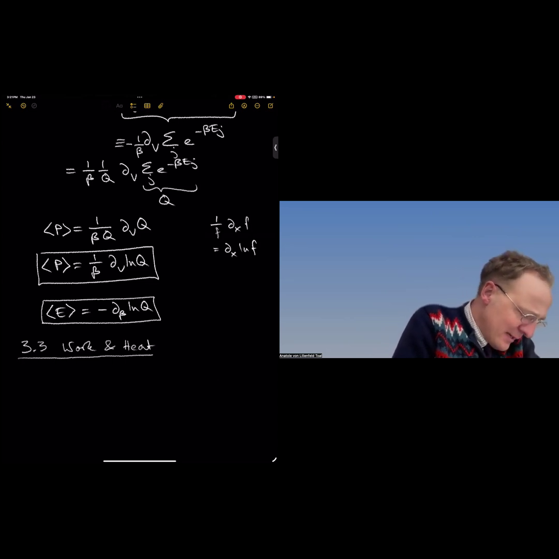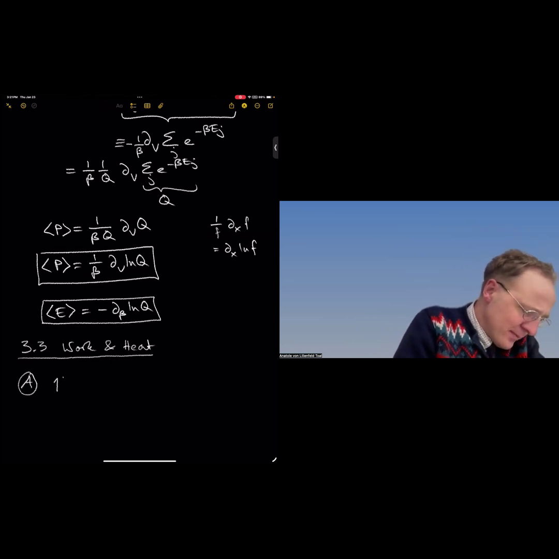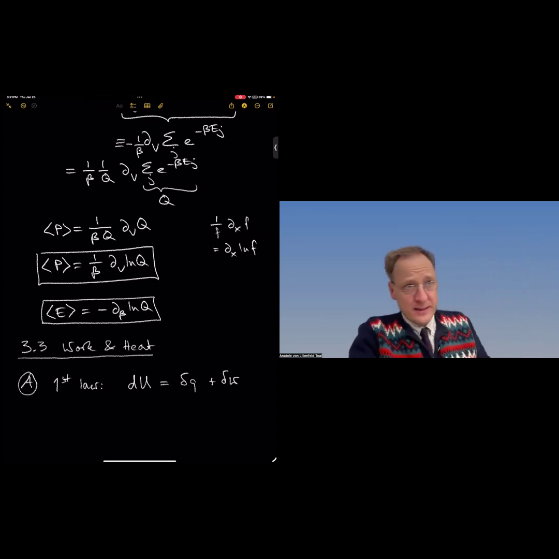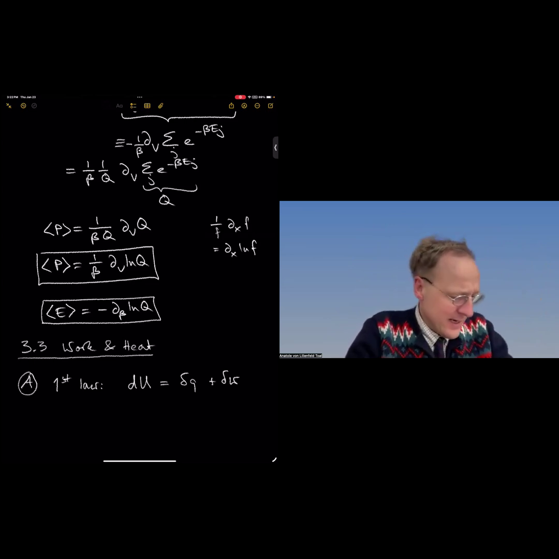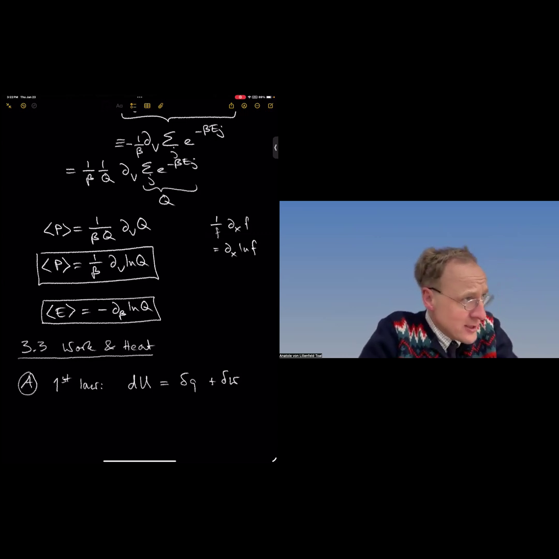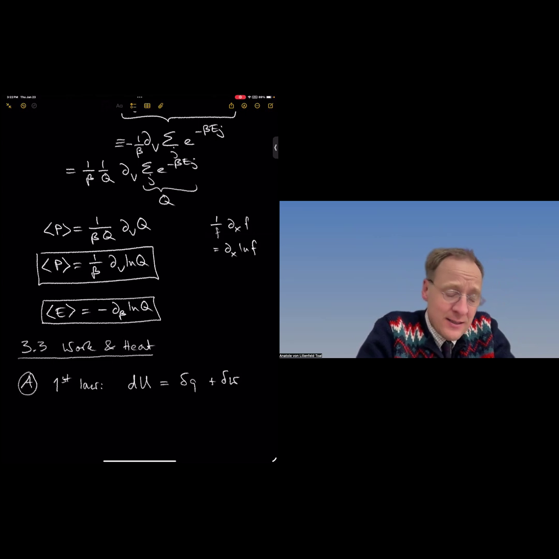We would like to begin with the first law, namely that dU equals delta Q plus delta W. I told you before that thanks to statistical mechanics, we can derive the second law, but the first law is not derived, and it's very fundamental.